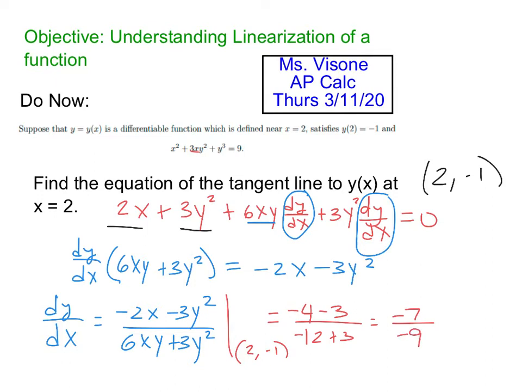Did I do that right? Did I make a mistake? No, so 7 over 9 is my slope. So that means this is my m, and then that's my point. So y plus 1 equals 7 over 9 times (x minus 2). And that is it. So now the reason we're bringing this up, so that's finding our tangent line.